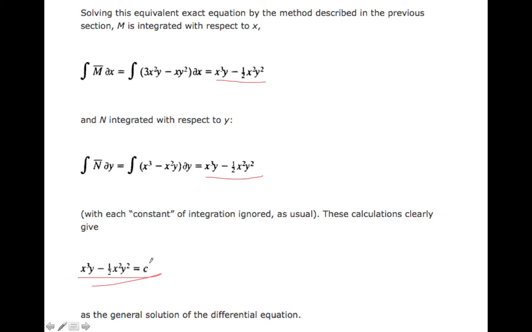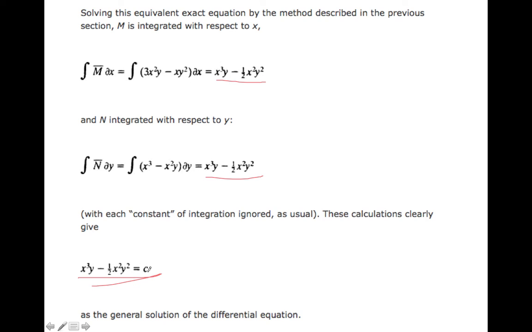That really concludes the discussion of the methodology of how to use integrating factors to solve exact differential equations. We have not really discussed initial value problems yet, but oftentimes you will be given an initial value or a boundary condition that allows you to determine this constant.